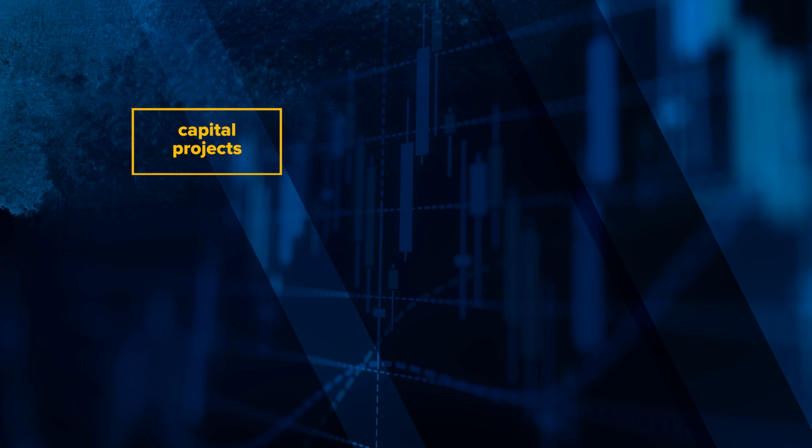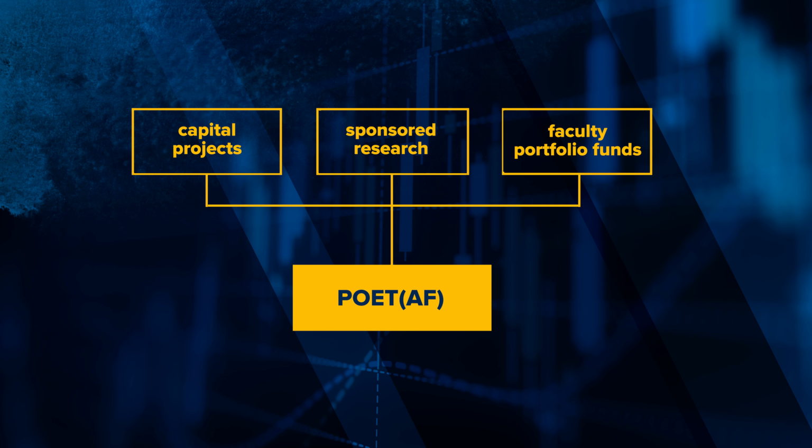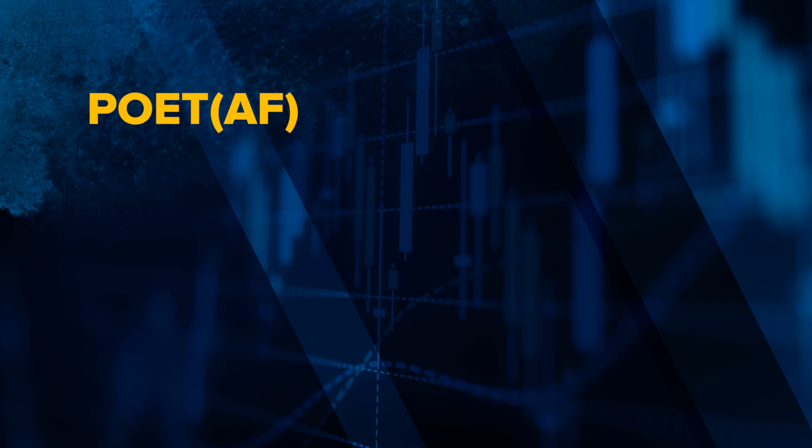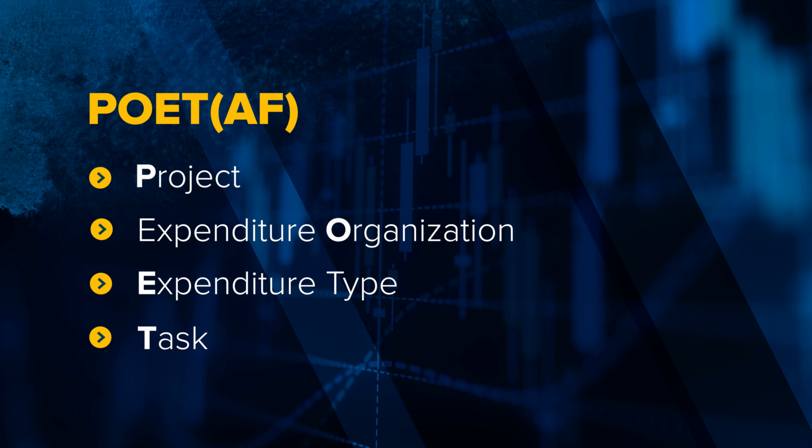Examples of PPM projects include capital projects, sponsored research, and faculty portfolio funds such as faculty startup and indirect costs recovery funds. To capture the complexities of these projects, transactions will be entered in the PPM subledger using the POET AF string. POET AF string includes 4 required segments: project, expenditure organization, expenditure type, and task.